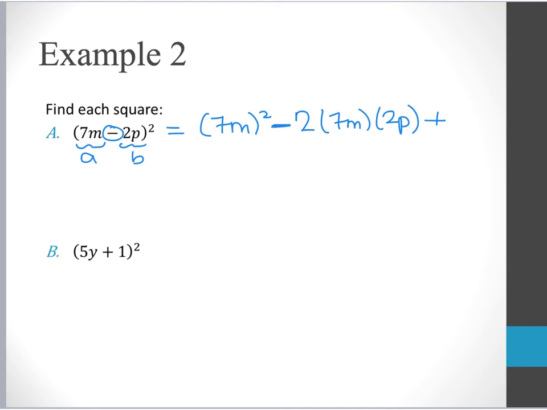So to go back, now I'm going to add my second term, which in this case is 2p, and we're going to square that. So now I'm just going to simplify.